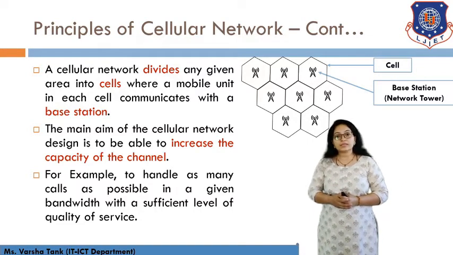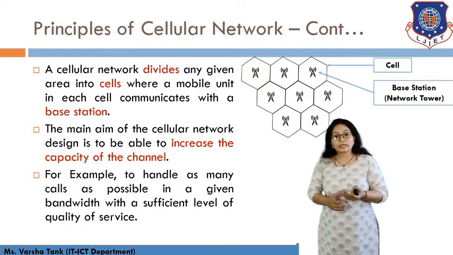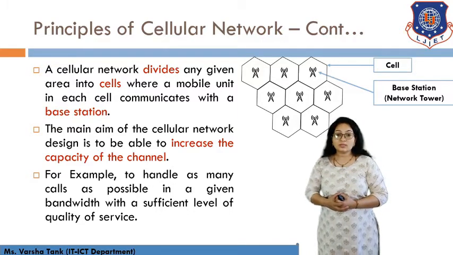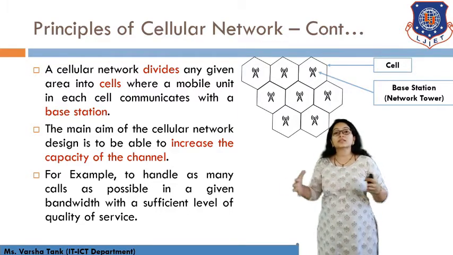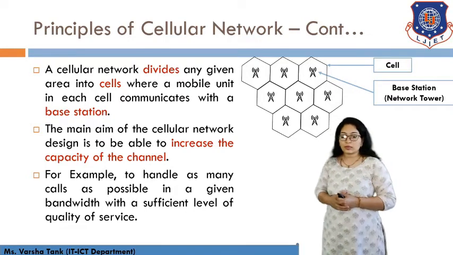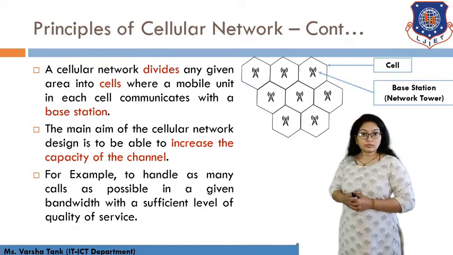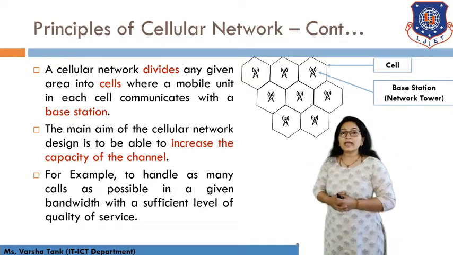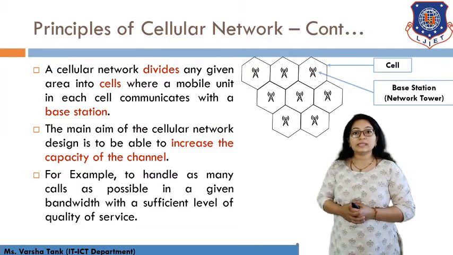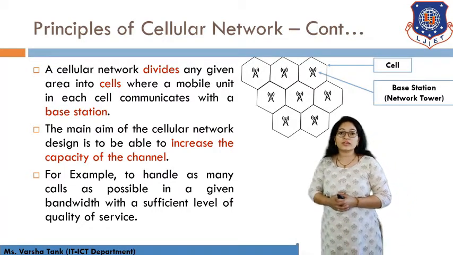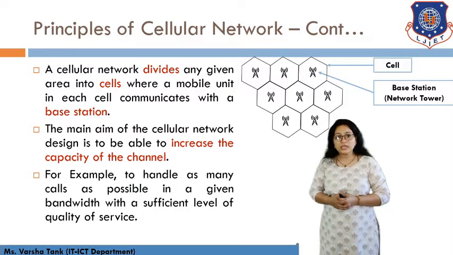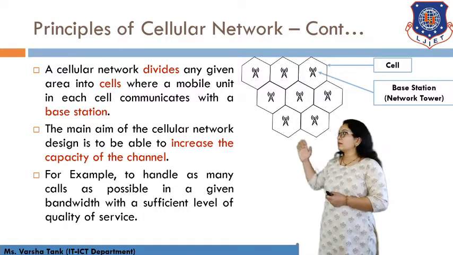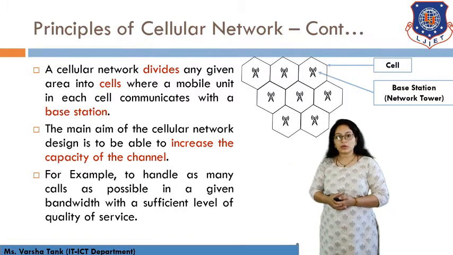How to increase the capacity of the channel? To provide services to more and more customers and at very large distance. For example, to handle as many calls as possible in a given bandwidth with a sufficient level of quality of service. So this is the basic concept of the cellular network.